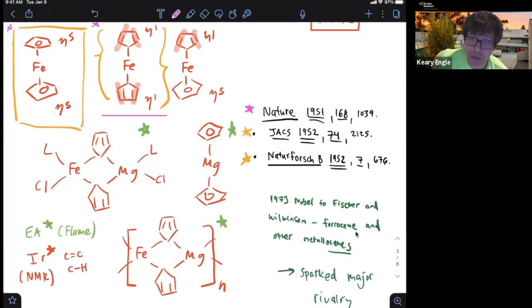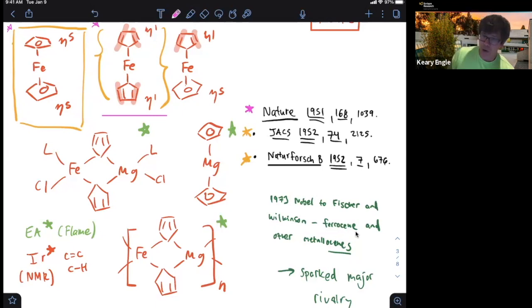The structural elucidation of ferrocene and subsequent research on ferrocene as well as other metallocenes led to Fischer and Wilkinson winning the Nobel Prize in 1973. And not without controversy, you'll note that Woodward was not included among the Nobel laureates in this particular prize.